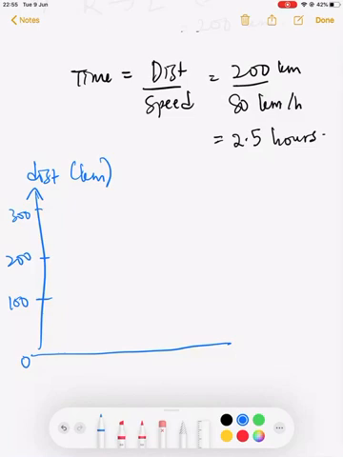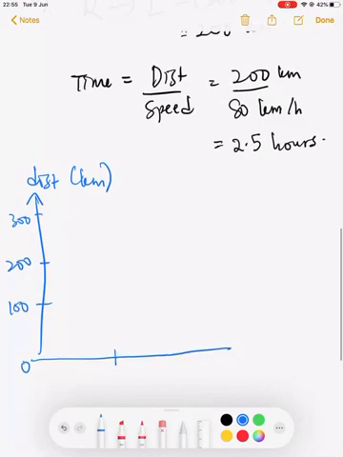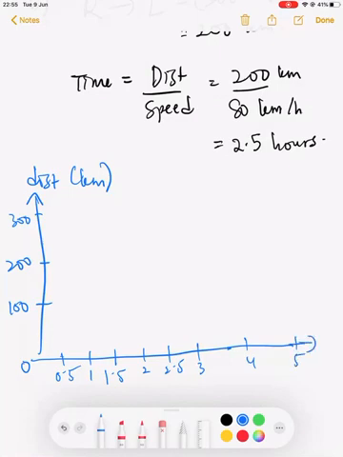Okay, 100, and here is 1.5. So 0.5, 1, 2, 2.5, 3, 4, 5, the time in hours.